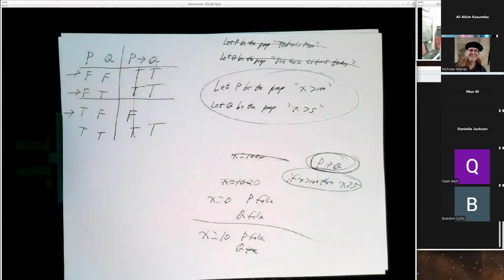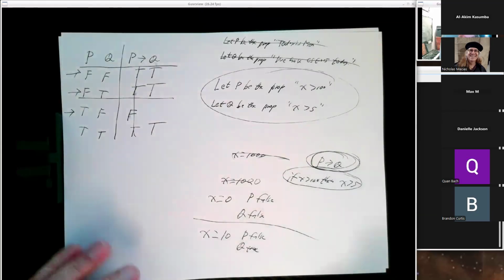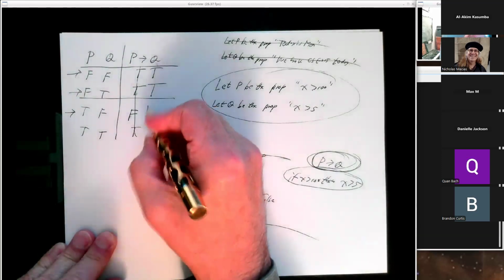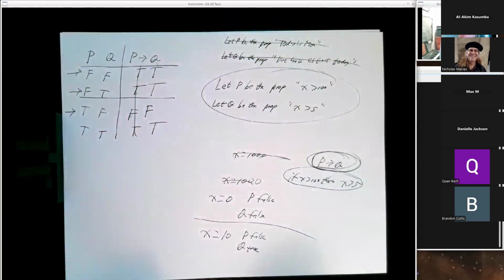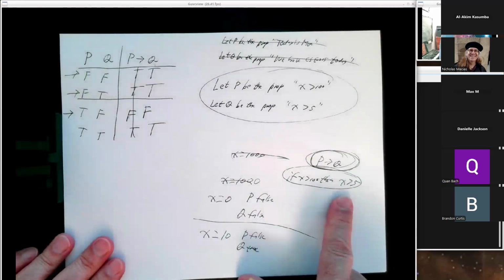I can't do that. If it's bigger than 100, it's got to be bigger than 5. That's what this proposition actually says. So if I found a number that was bigger than 100, but was not bigger than 5, then this P implies Q would be false. Exactly, because P implies Q says if X is bigger than 100, X is bigger than 5.